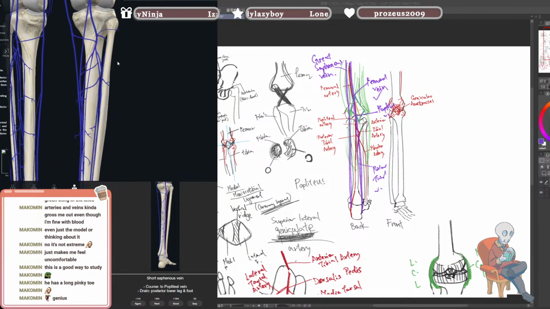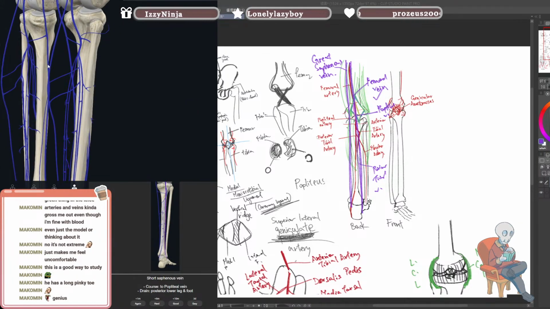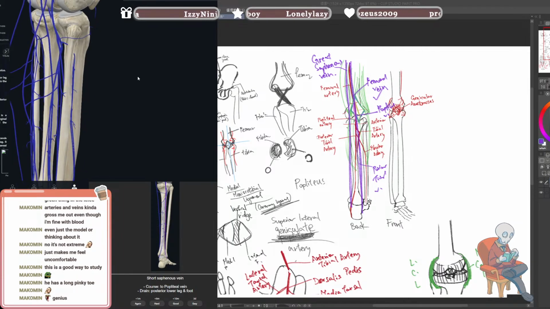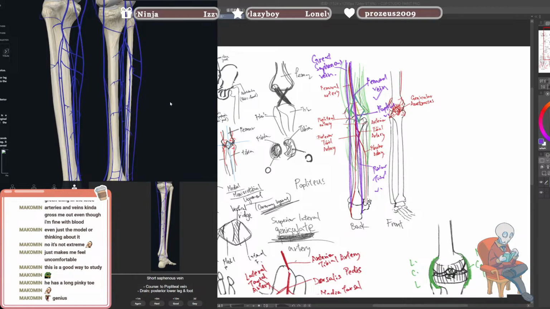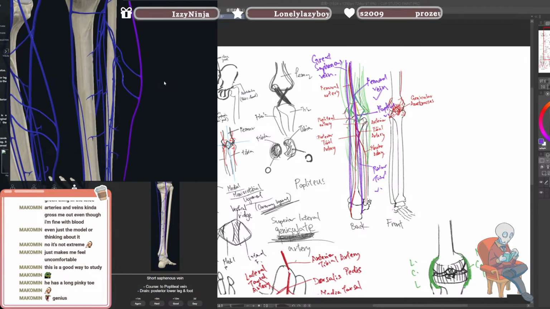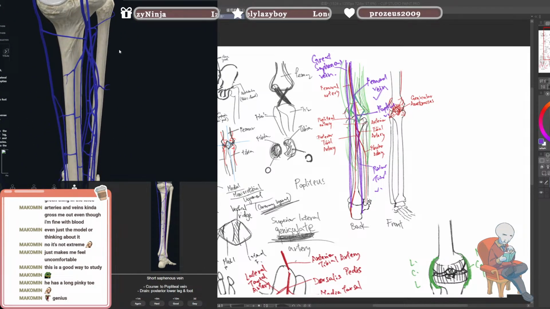What are these? Help. My IQ is down 10%. My brain hurts looking at it. What are these? Fibular veins. I'm trying to make sense of it.